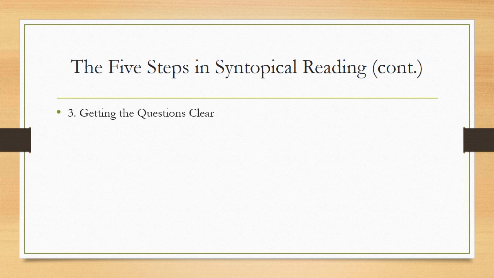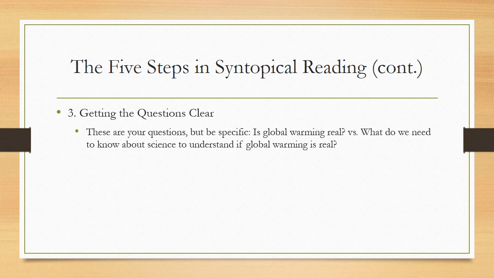All right, getting the questions clear. These are your questions, but be specific. So I've been framing this conversation in terms of the research process. And when you go to understand a subject better, as you will for the final paper in this class, you have to choose what you're going to read.